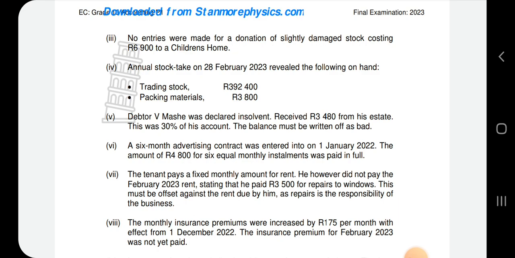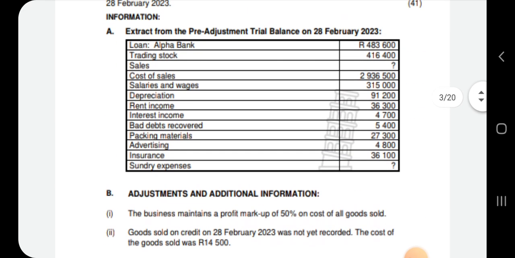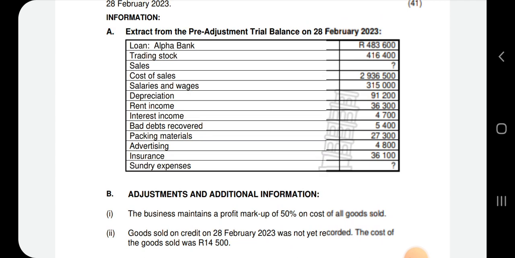And so with regards to trading stock, how are we going to manage this 392,400? We're going to go to our trial balance and look at trading stock. Trading stock in our trial balance is 416,400, which means the one that appears on our pre-adjustment is the one on the computer.